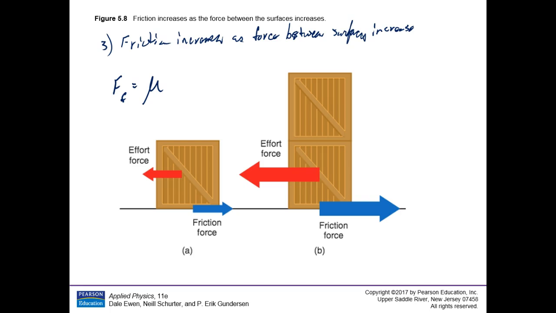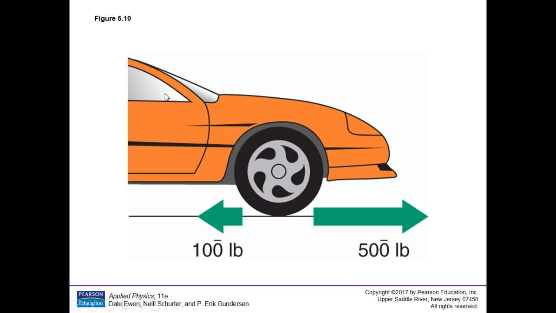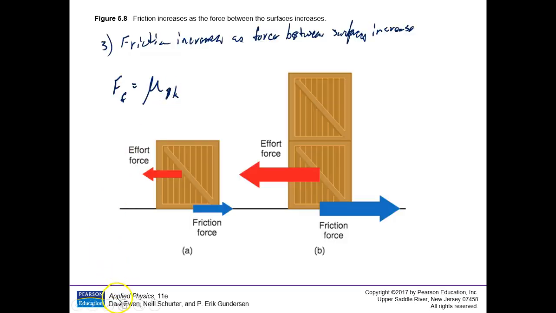Actually, there are two mu's. You could have mu sub s if that was static friction, or mu sub k if that was kinetic friction. Two different mu's, but the formula is still the same. We're going to do it as if it doesn't matter which one we're using, s or k.